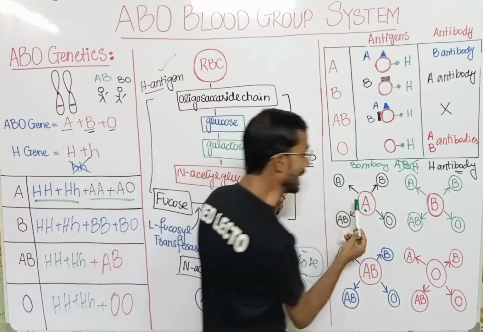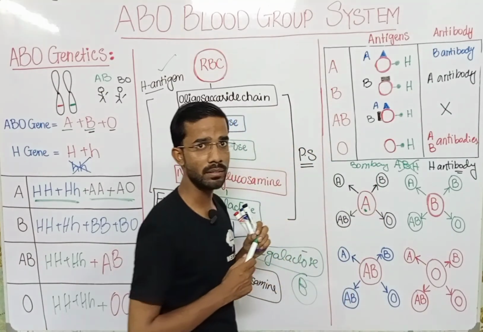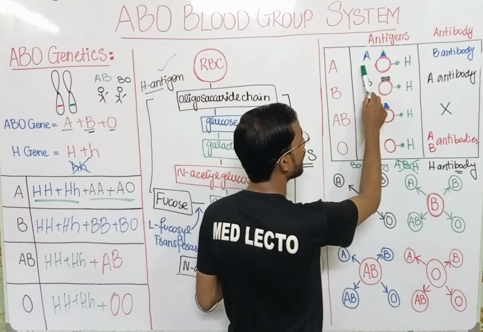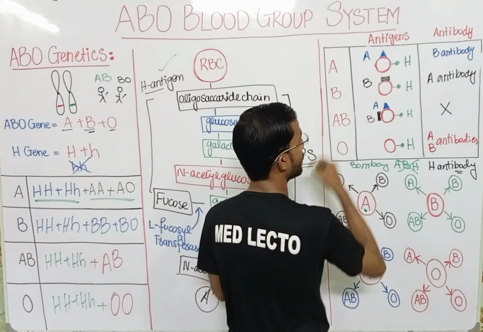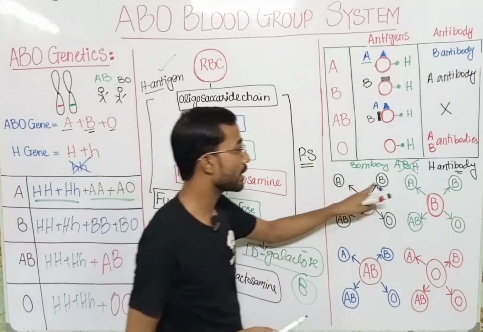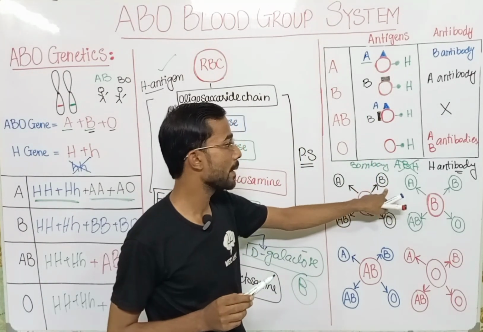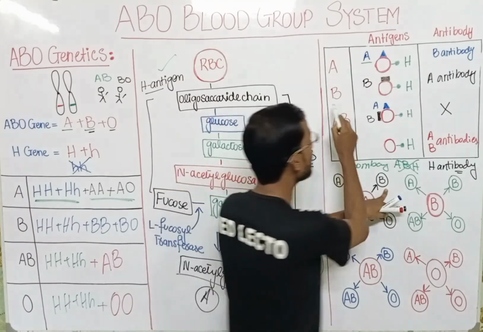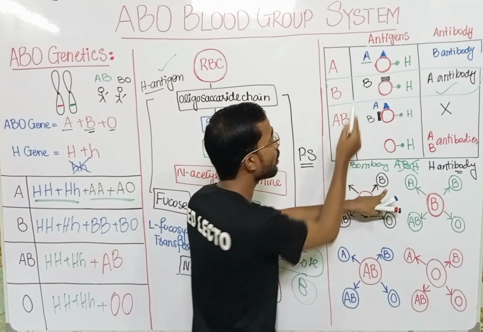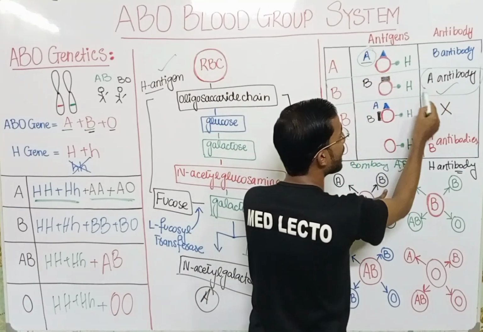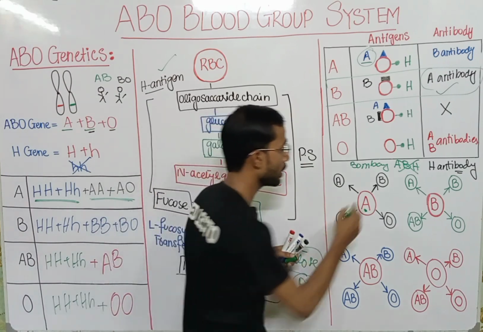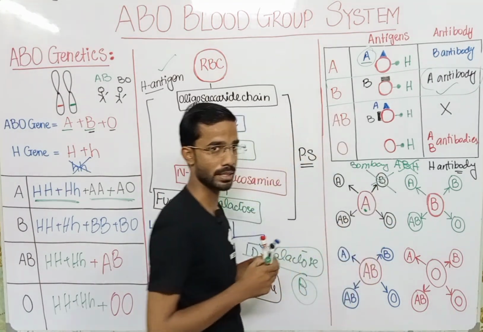Can A give RBCs to B? No. Why? Because A RBCs have A antigen. When given to B, the B person has A antibodies. Now the A antigen will react with the A antibodies and form agglutination. So that's the wrong case.